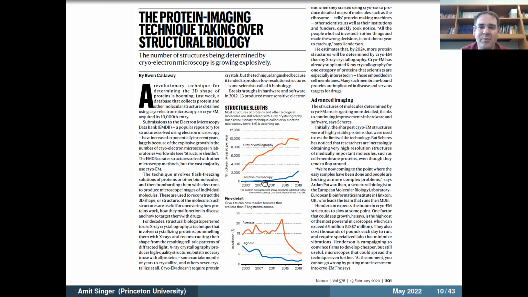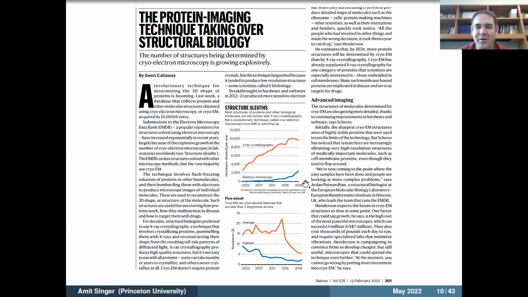You can see the exponential growth of cryo-EM, the number of structures determined by cryo-EM compared to the number determined by X-ray crystallography, which is still considerably larger, but the trends are not predicting a bright future for X-ray crystallography compared to cryo-EM.